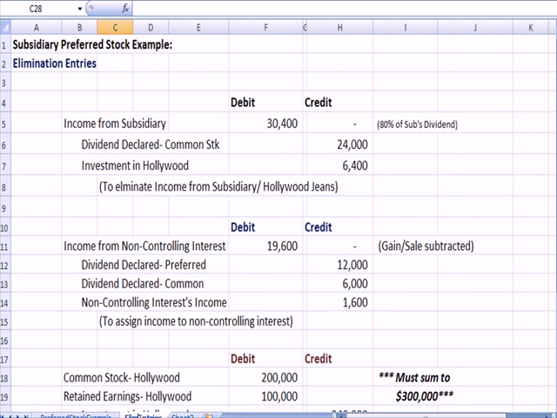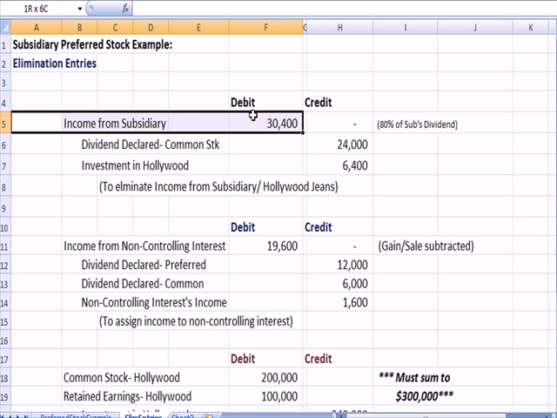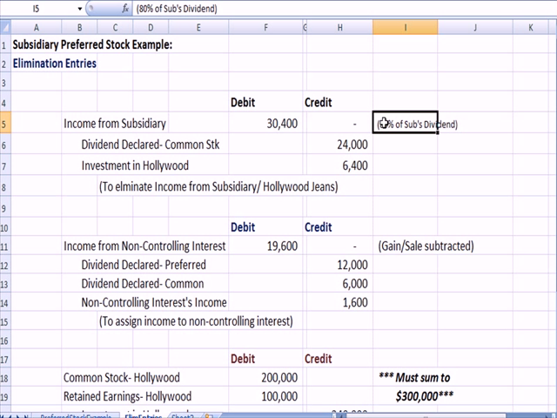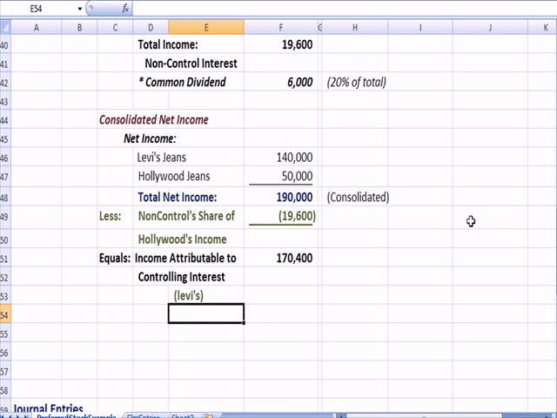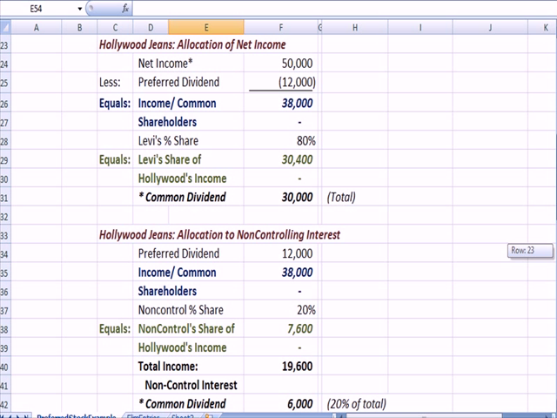Finally, we can talk about the elimination entries. We've seen these before also, elimination entries. We're going to debit to reduce the income from the subsidiary. That was the 80% of the subsidiary's dividend. This number, if I go to F29 back over here, there's that 80% of Hollywood's income.